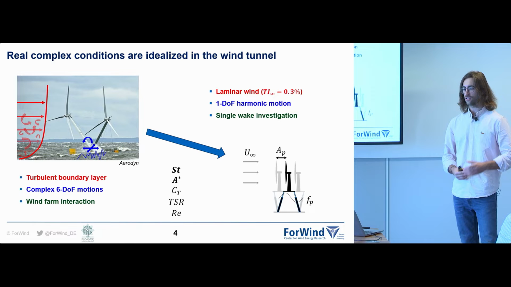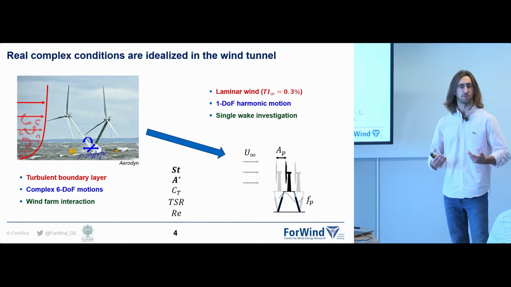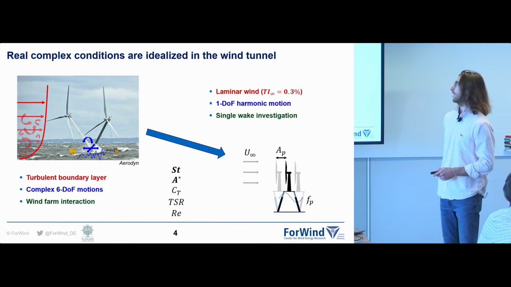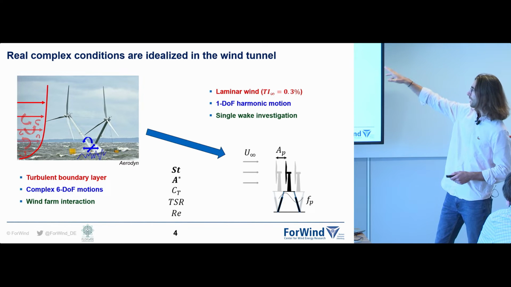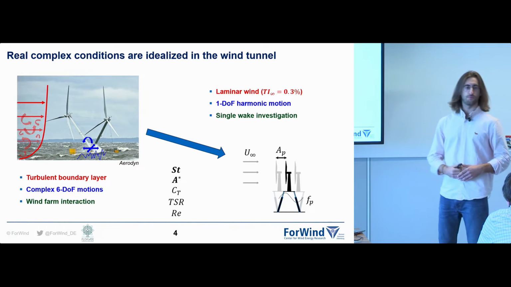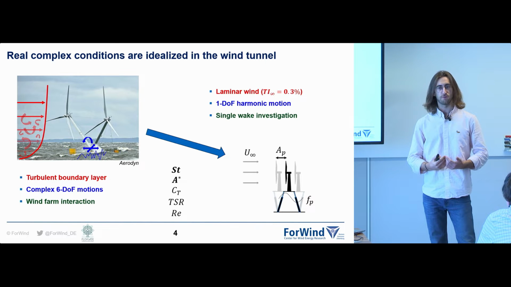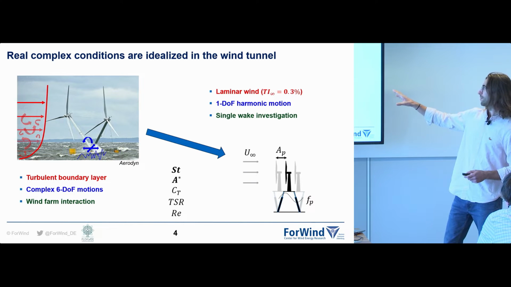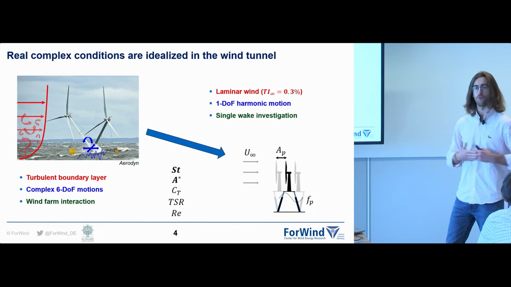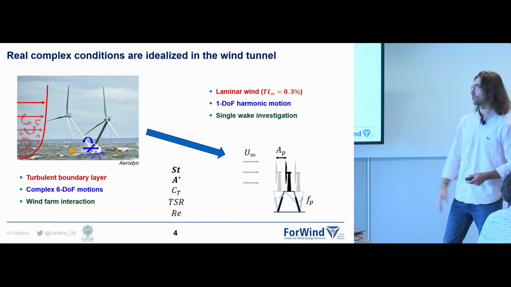But this way, we ensure that we only focus on the motion's impact on the wake and did not really investigate turbulence that much. We performed tests using only 1 degree of freedom motions. So testing 1 degree of freedom separately and implementing signals with 1 frequency and 1 amplitude, so harmonic motions.